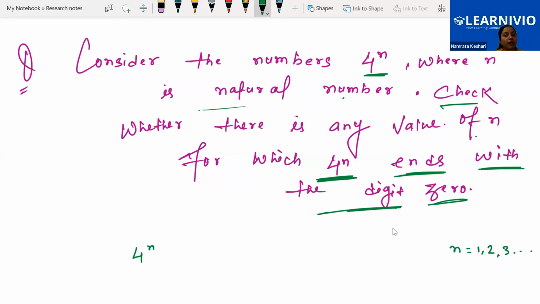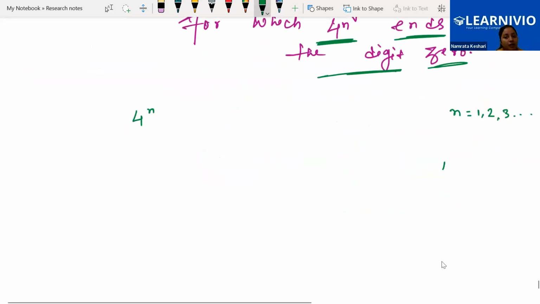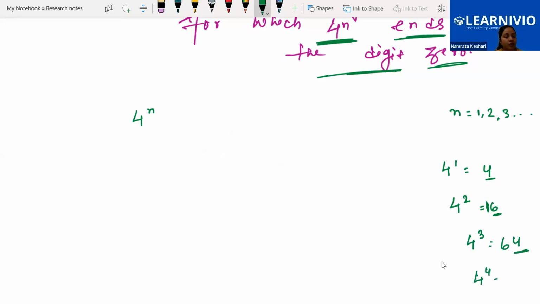4 to the power n ending with the digit 0. That means 4 to the power 1 is 4, ending with 4. 4 to the power 2 is 16, ending with 6. 4 to the power 3 is 64, ending with 4. 4 to the power 4 is 256, ending with 6.